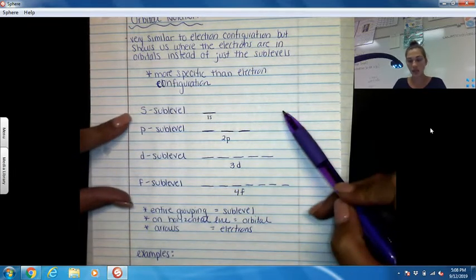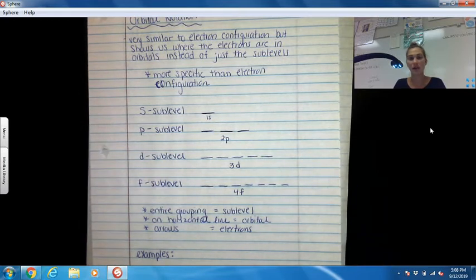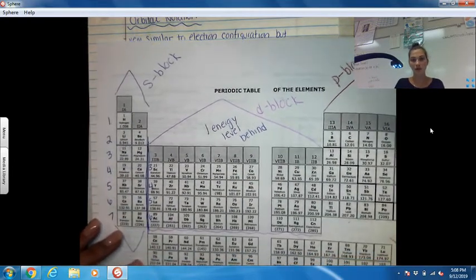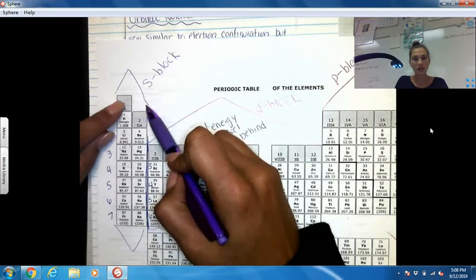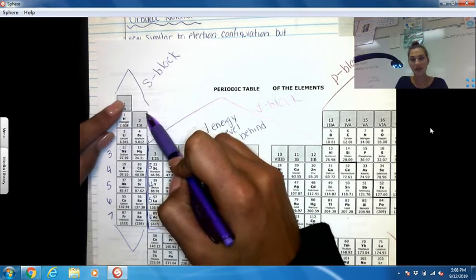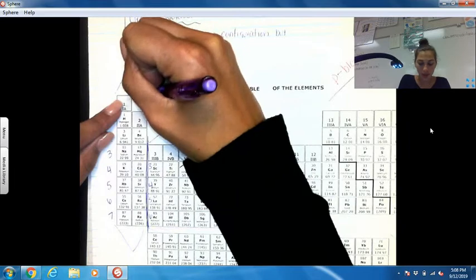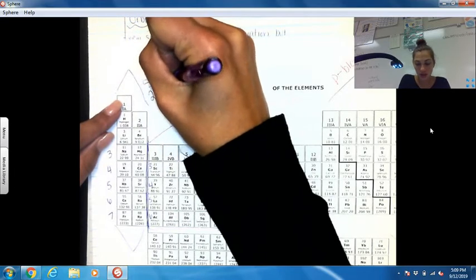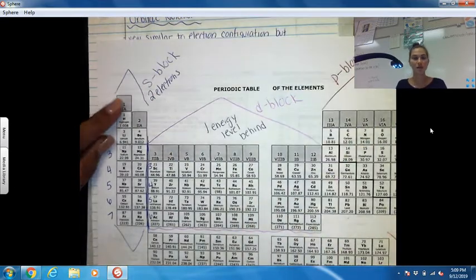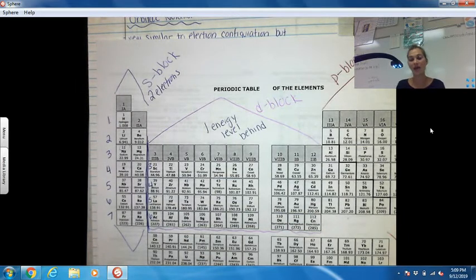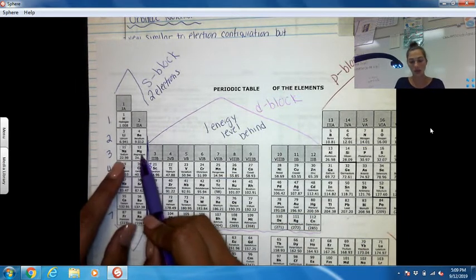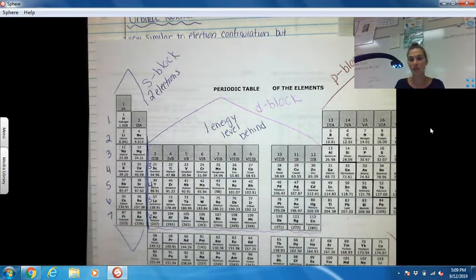And within each sublevel, we have a specific number of orbitals, and that's based on whether it's an S, a P, a D, or an F. So if we go back to our periodic table, when we talked about all of our different blocks, we noticed that there were 2 columns in the S block, and that meant that we had 2 electrons that can fit into the S block. So that's why every time we did an S element, like sodium or magnesium, there was only a maximum of 2.